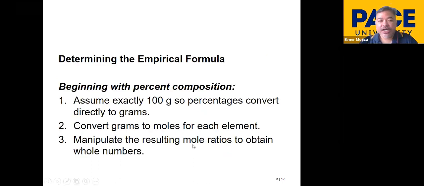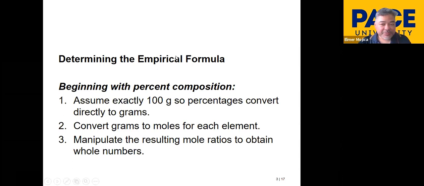So how are we going to determine this empirical formula? We're going to have some problems on this after this slide. And there's a question on it in your quiz. When you have an empirical formula problem, the first thing for you to do is assume you have 100 grams.